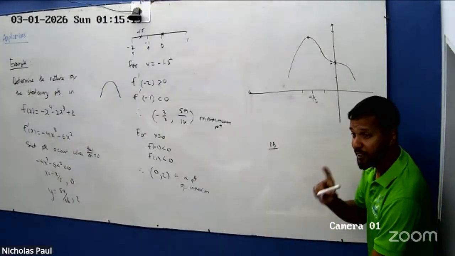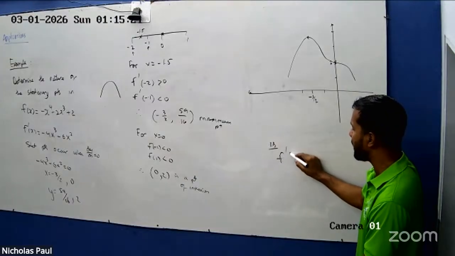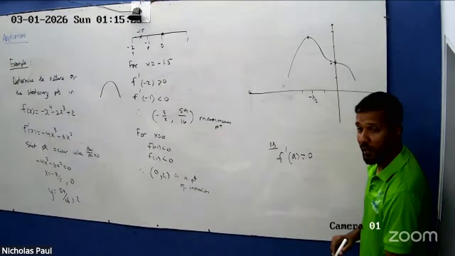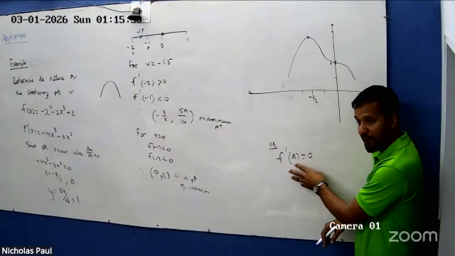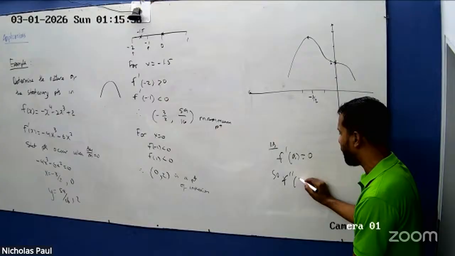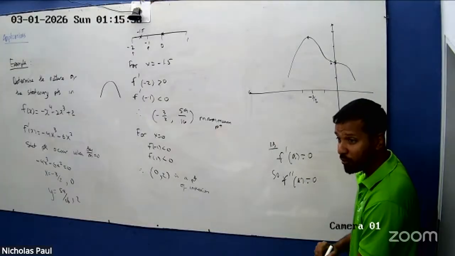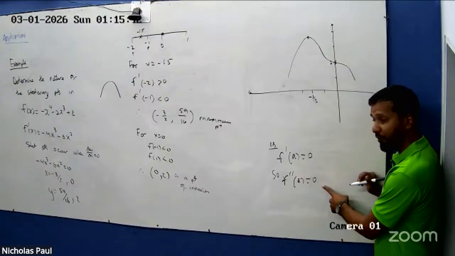I want you to note that if you find f prime of a and it gets 0, it means a is a stationary point. Everybody okay with that? So if you do f double prime of a and it equals 0, this does not necessarily mean it is a point of inflection.